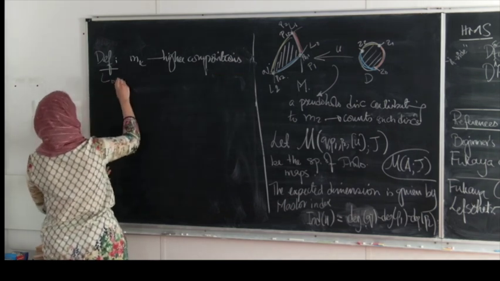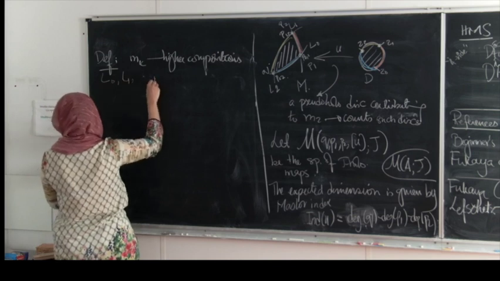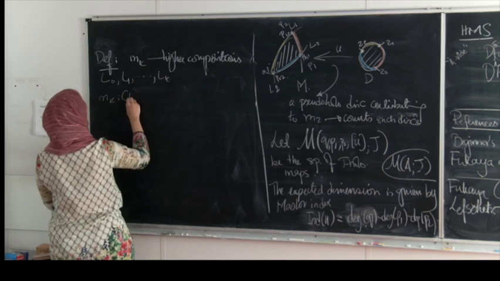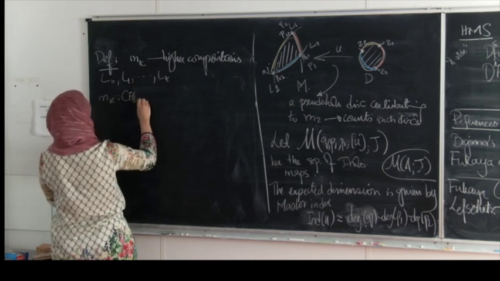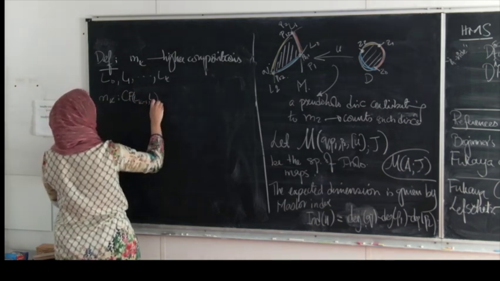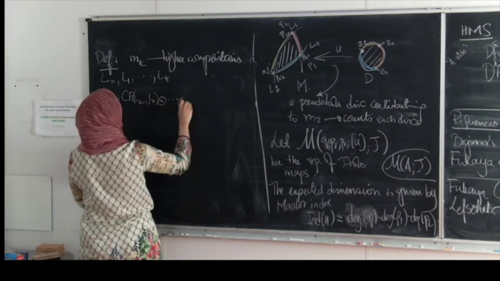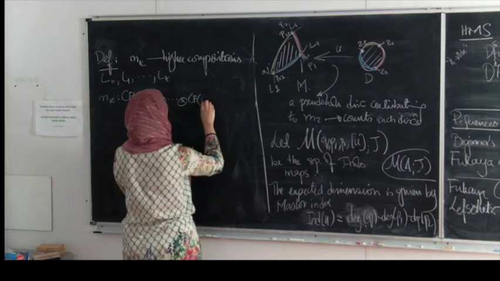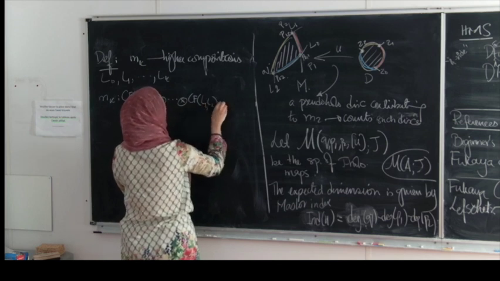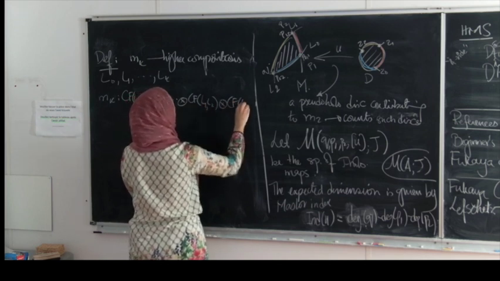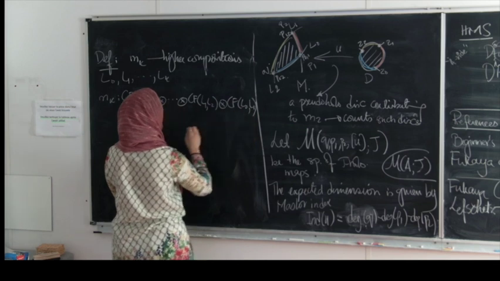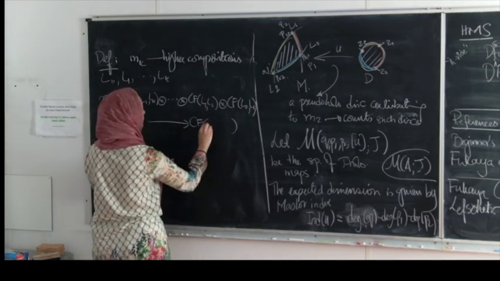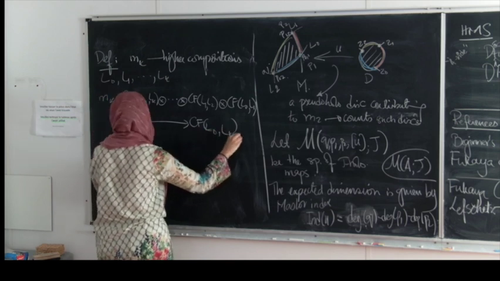So you take Lagrangians first of all, and you define Mk to be this map from Cf(L_{k-1}, L_k) times ... up to Cf(L_1, L_2) times Cf(L_0, L_1), and finally the output lives in Cf(L_0, L_k).